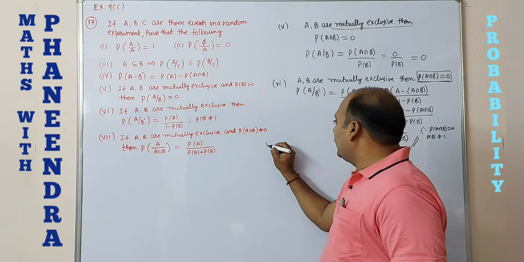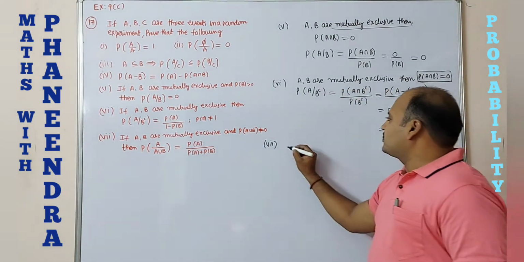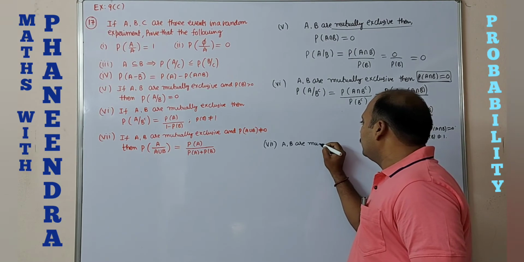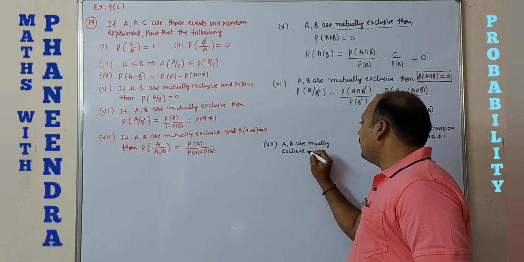Come to the last one, Roman letter 7. Here also the same case: A, B are mutually exclusive events.